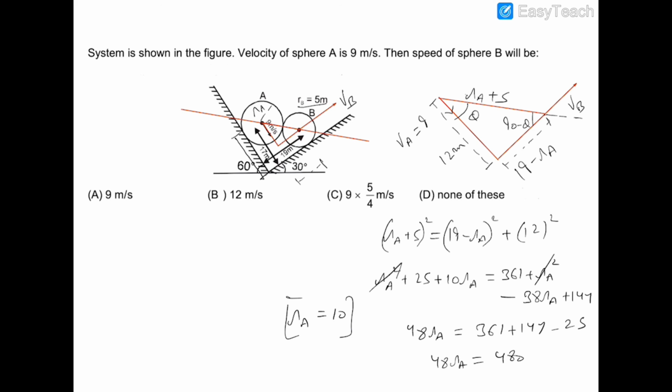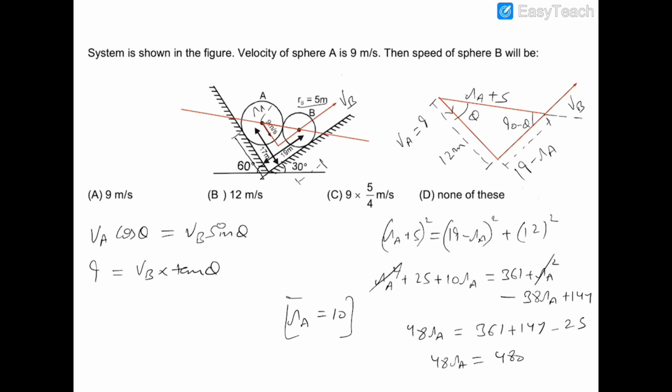So the component of VA, VA cos theta, will be equal to VB sin theta. VA is 9, and let us move this cos theta to the right hand side, and VB we have to find out, and it is tan theta.